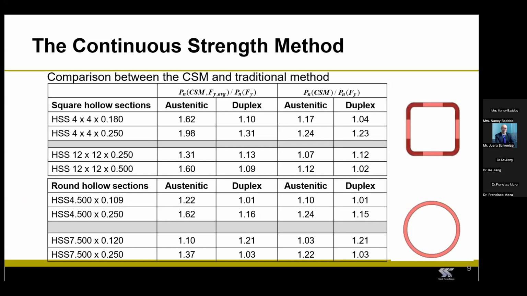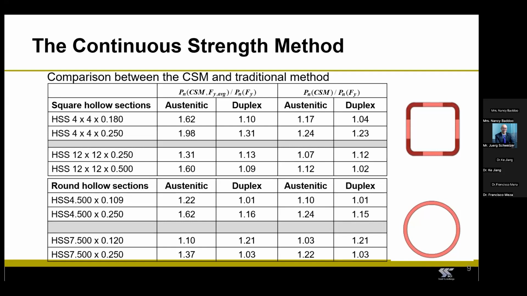Okay, so you can use the continuous strength method using the nominal yield strength of the material. Or as I mentioned during the second webinar, for cold roll and cold form sections, you can use the increased yield strength due to cold working.